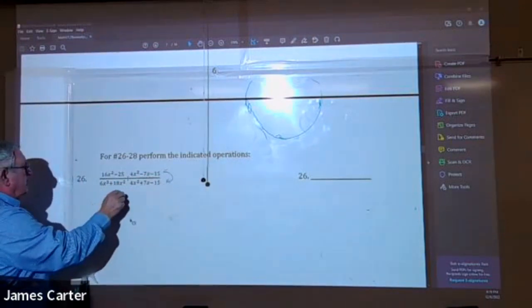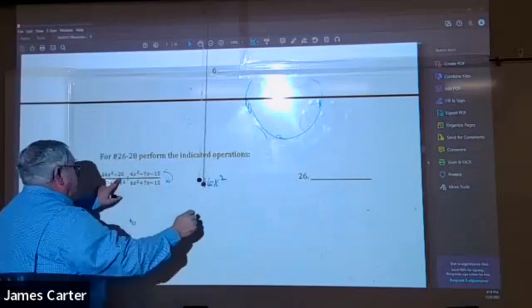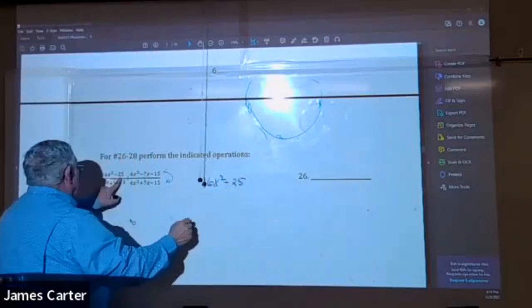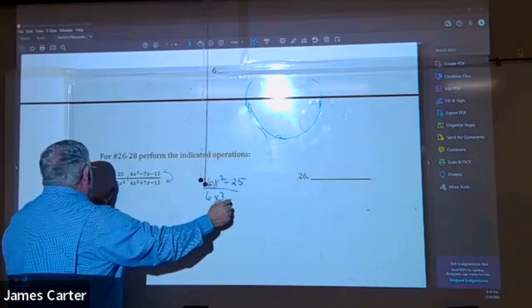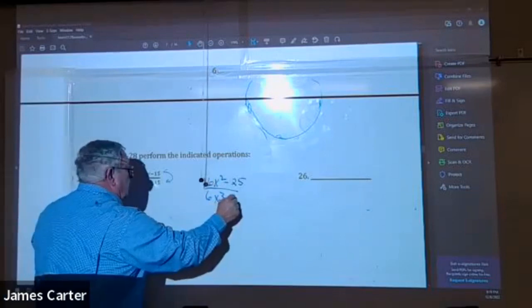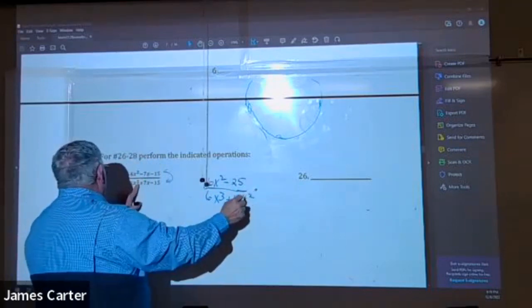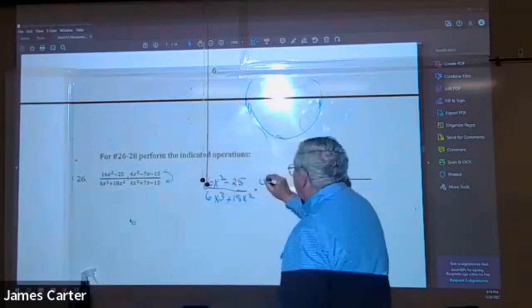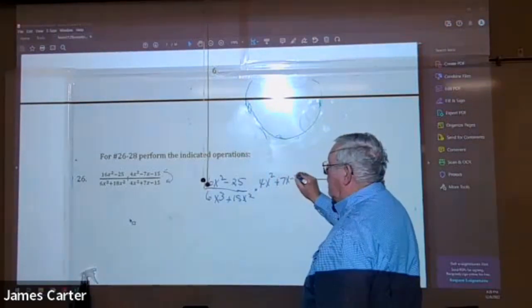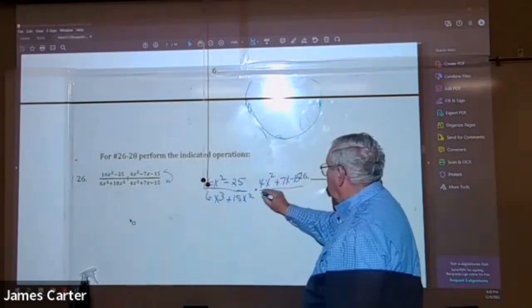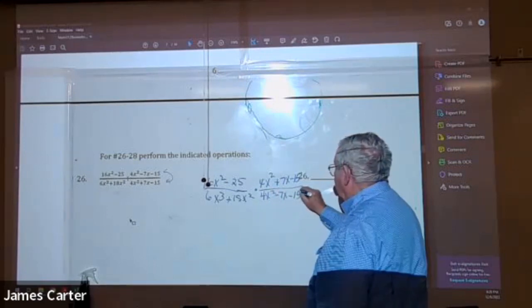So 16x² minus 25 over 6x³ plus 18x², times 4x² plus 7x minus 15 over 4x² minus 7x minus 15.